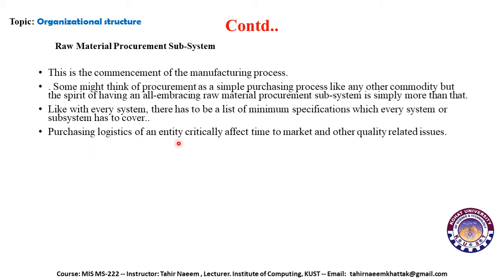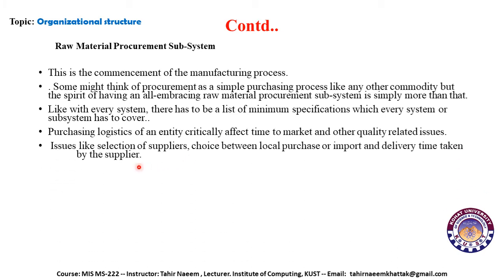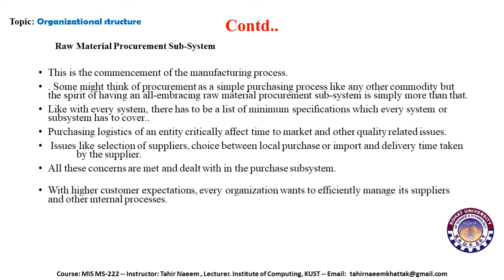Purchasing logistics are critical and affect time to market and other quality-related issues. Issues like selection of suppliers, choice between local purchase or import, and delivery time taken by the supplier are all dealt with in the purchase subsystem.